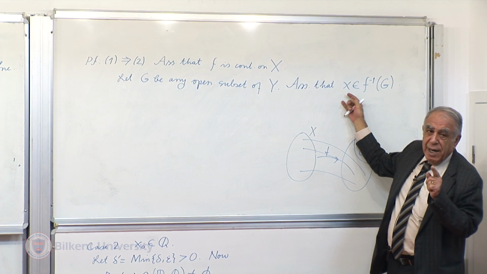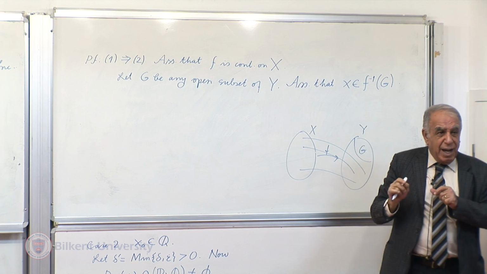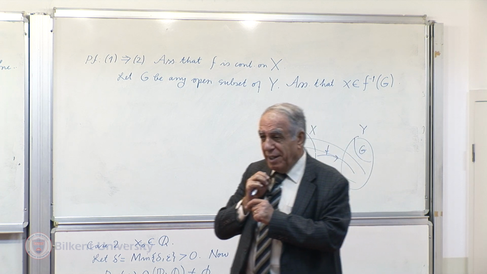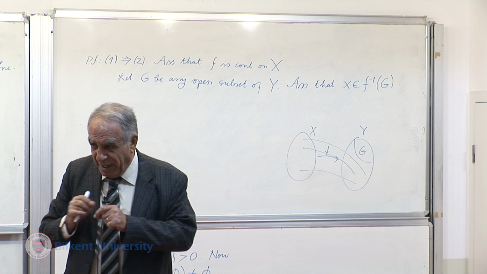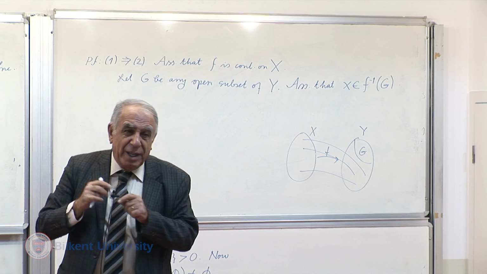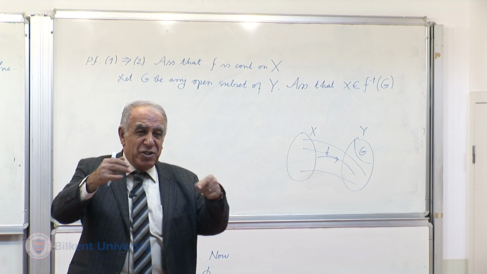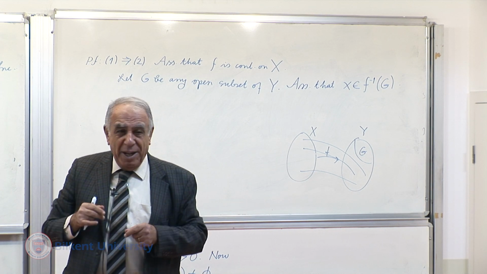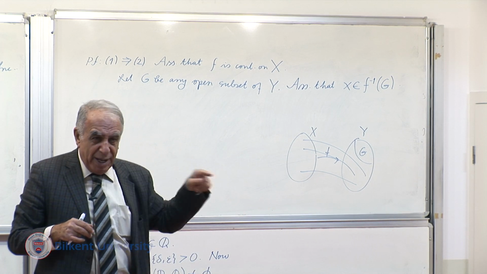I did not say let x be in f inverse G. If I say let x in f inverse G, then it's my duty to make sure that f inverse G is non-empty. Well, then I would have to consider two different cases. Assume that G is empty, then f inverse G is empty. Well, otherwise f inverse G is non-empty, and so on.